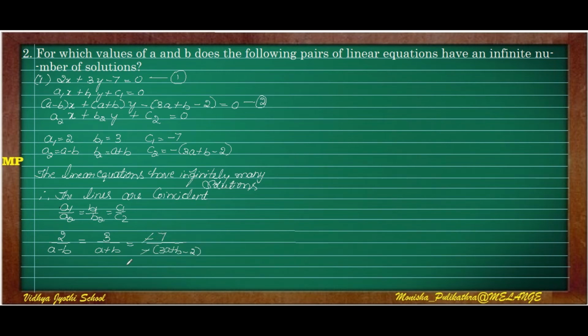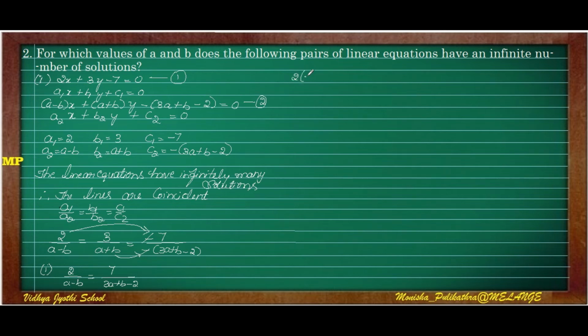Here minus minus cancels. Now what we have to do, we have to equate first to the last and second to the last. So the first is 2 by a minus b is equal to 7 by 3a plus b minus 2. So we have to cross multiply it.